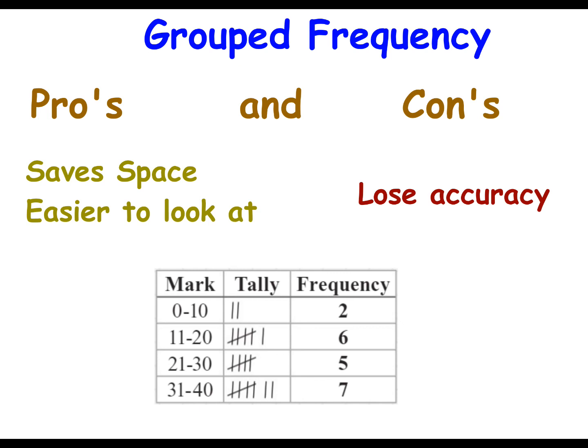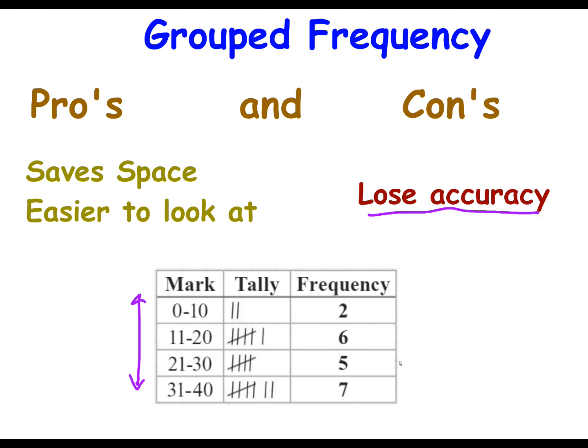Now, there are pros and cons on grouping data. When you group data, it saves a lot of space in how we collect our information, and it's a lot easier to look at rather than having the numbers 0 down to 40 and individual scores against them. However, what you lose is accuracy.